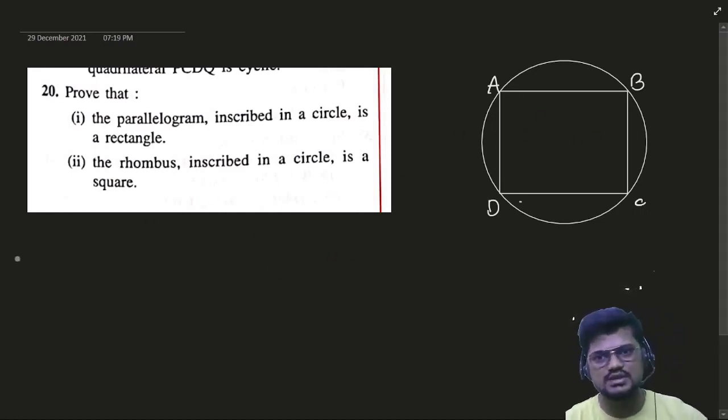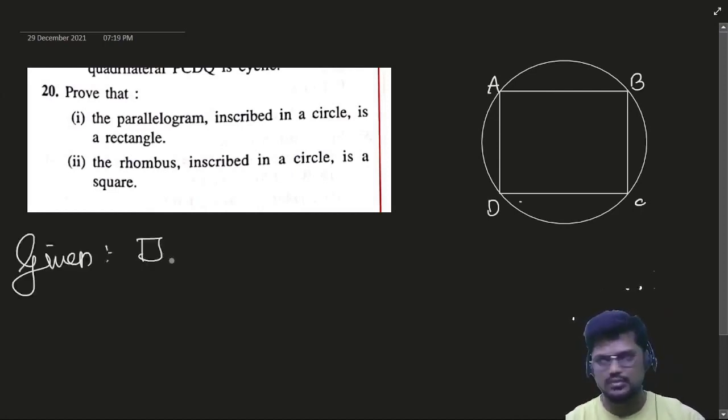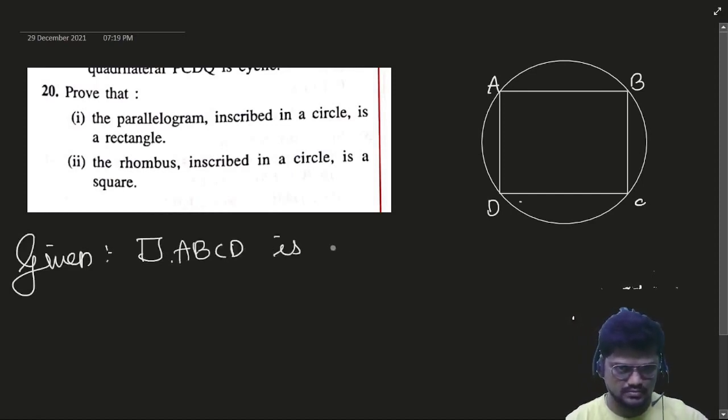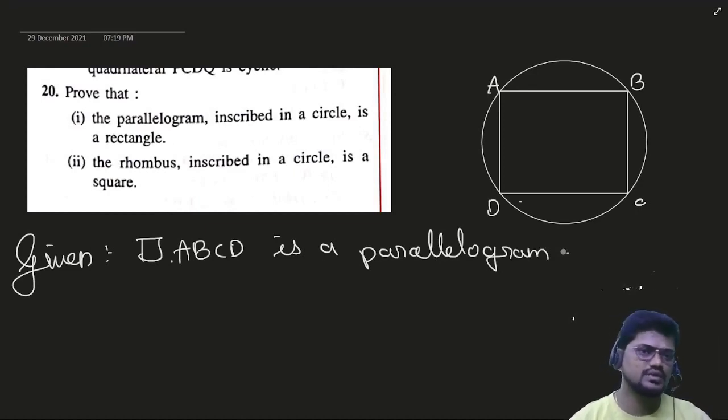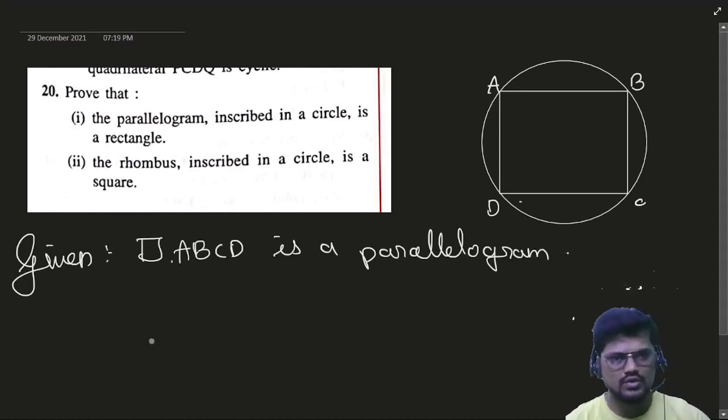So since ABCD is here, what have they given? Quadrilateral ABCD is a parallelogram inscribed in a circle. Now you have to prove that it's a rectangle. What do we know?